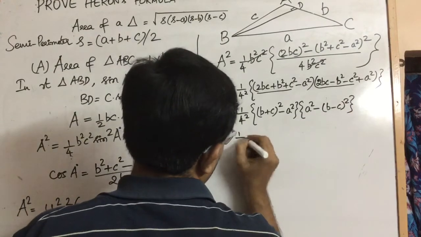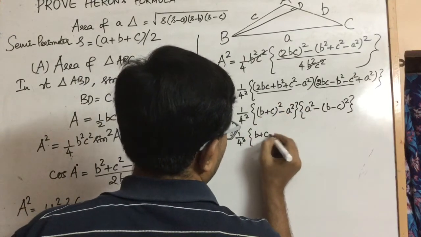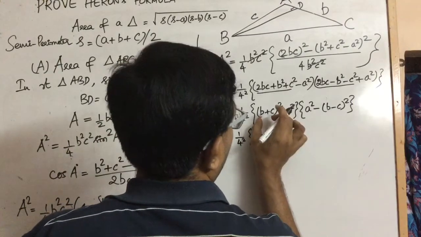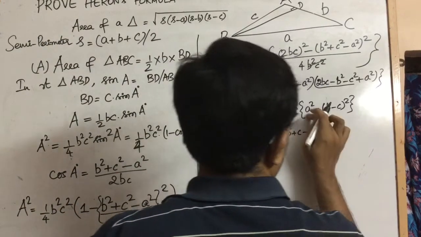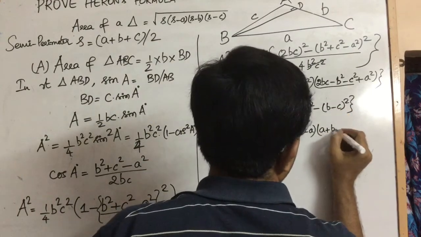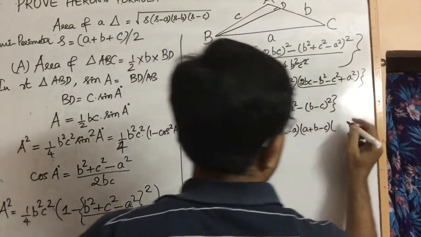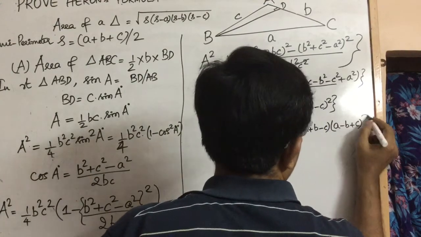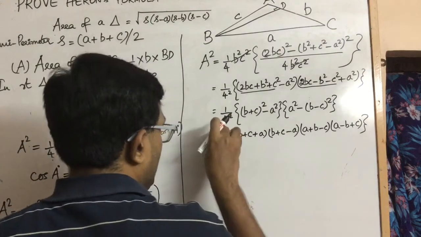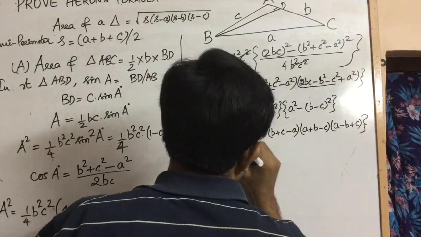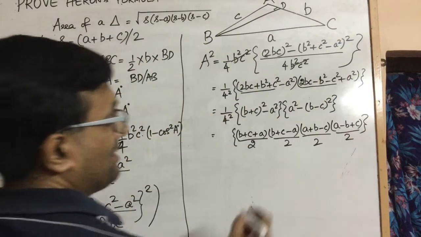So we could rewrite this again as 1/4 squared times P plus Q, which is B plus C plus A, into B plus C minus A, times A plus B minus C, times A minus B minus of minus C, which is A minus B plus C. Now we could write this 4 squared, which is 16, as 2 into 2 into 2 into 2. That's the same as 4 squared, in the denominator.